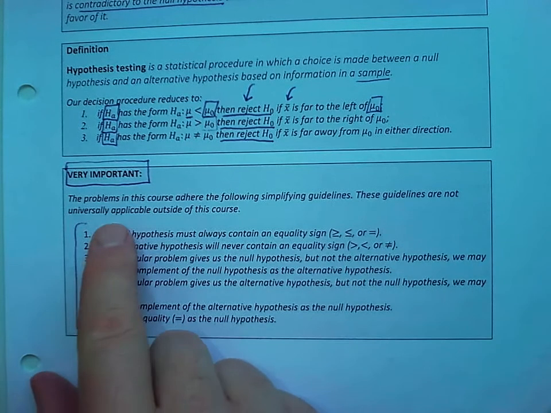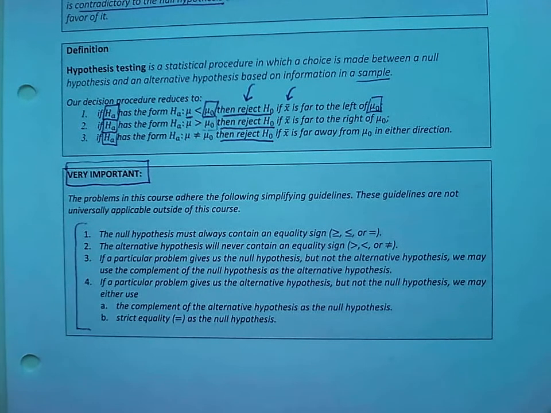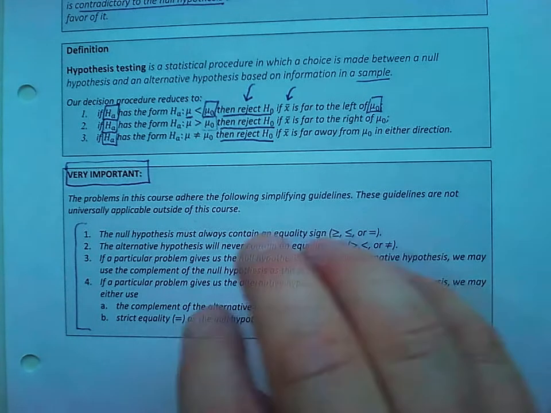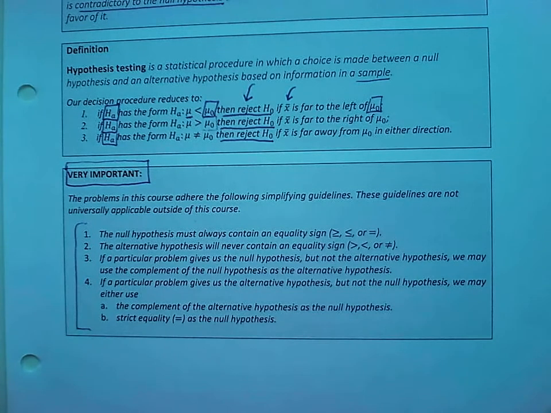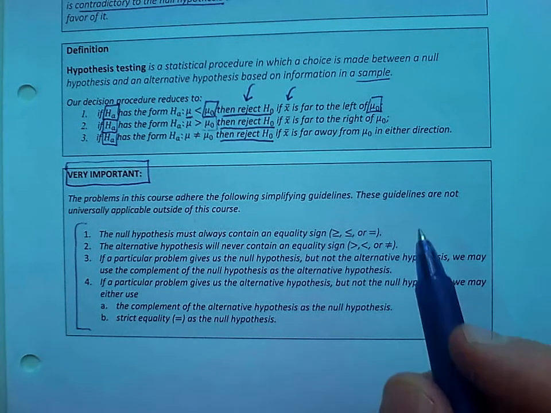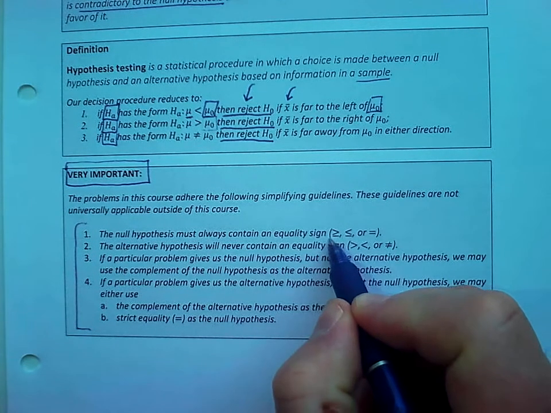The guidelines are not universally applicable outside of this course, but what we're going to first do is apply these concepts, these guidelines. We're going to become familiar of how to write these things. And once we're familiar with that, we'll take the next step. But the next step is going to be the next course. So these guidelines apply to this course. So again, number one, the null hypothesis must always contain an equality sign.